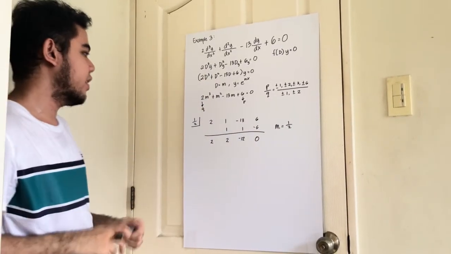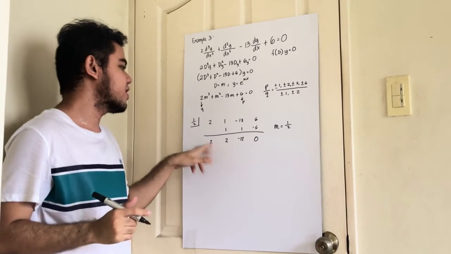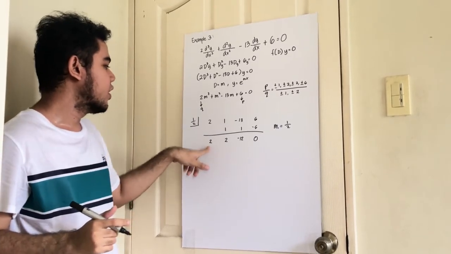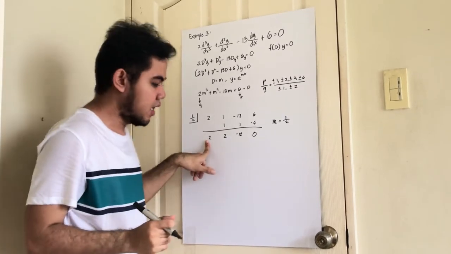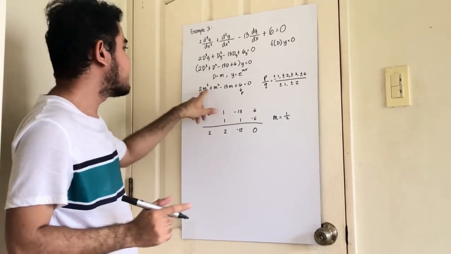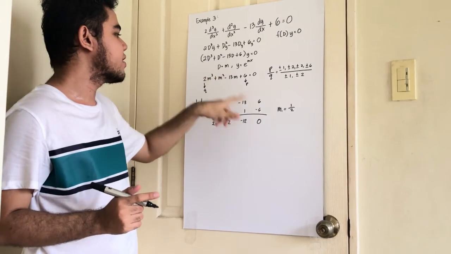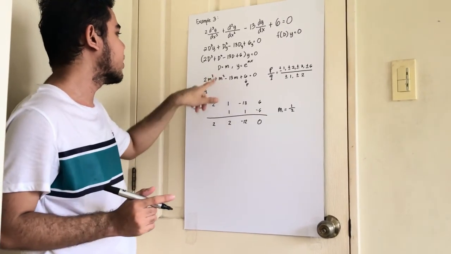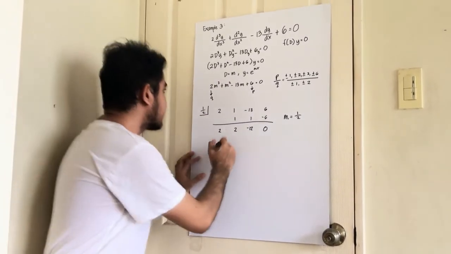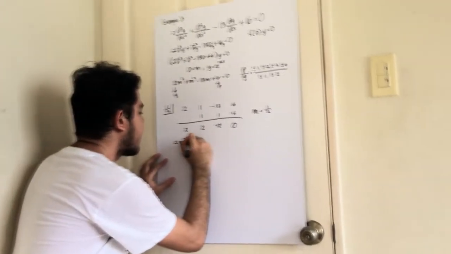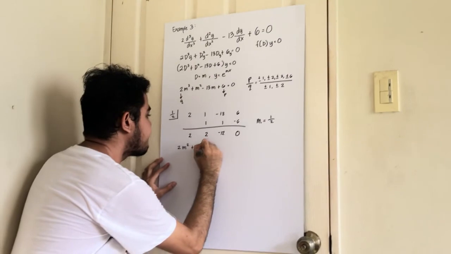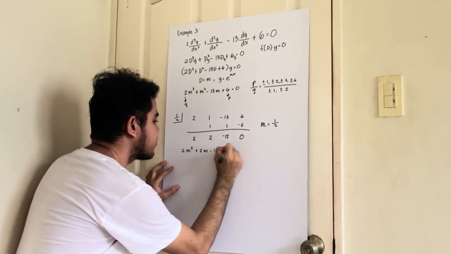So, gagamitin na natin na new coefficients sa auxiliary equation would be 2, 2, and negative 12. And minus mo yung third degree since nakuha na natin yung isang root. So, 3 minus 1, to the second degree na lang. So, that would be 2m squared plus 2m minus 12, which is equal to 0.